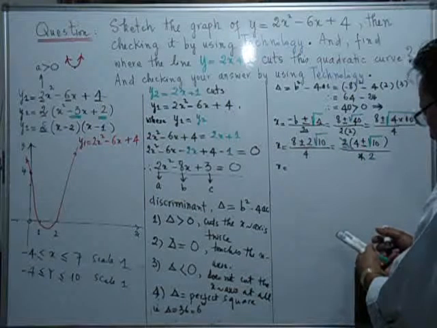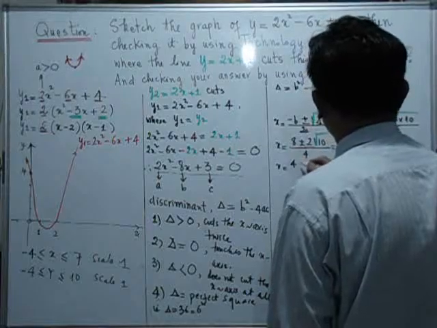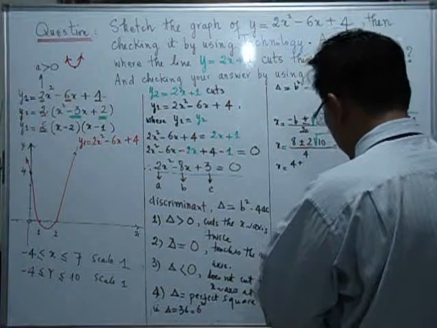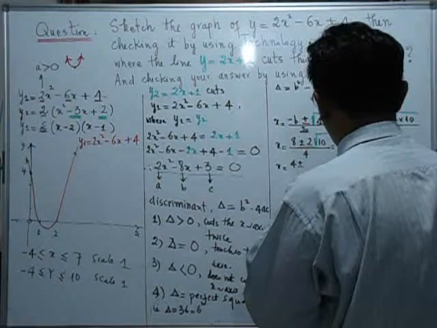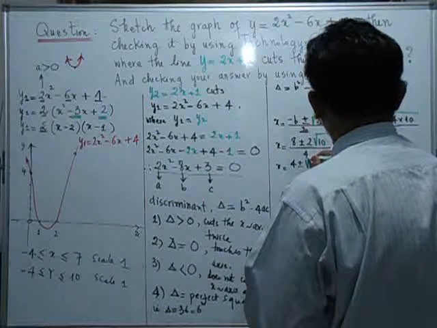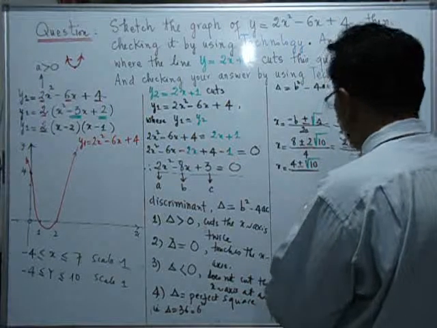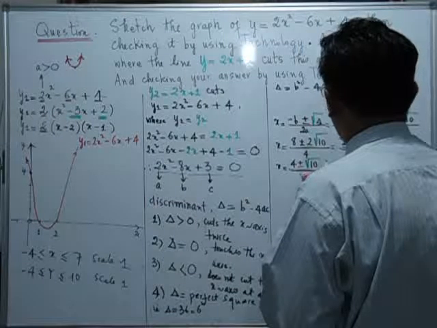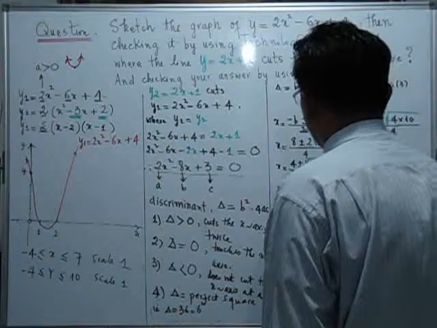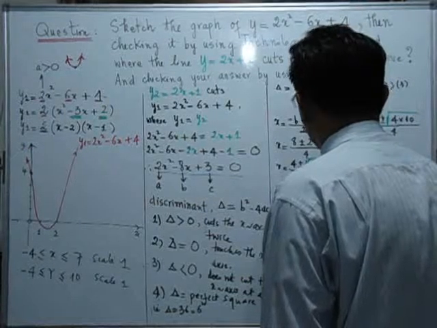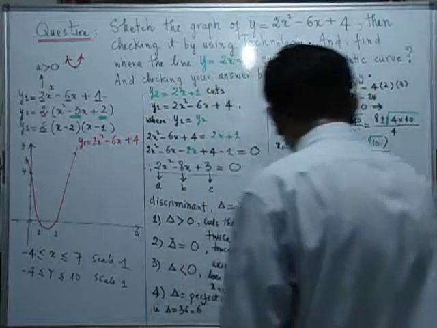So we have x equals 4 plus or minus square root of 10, over 2. Therefore, we have x1 and we have x2.